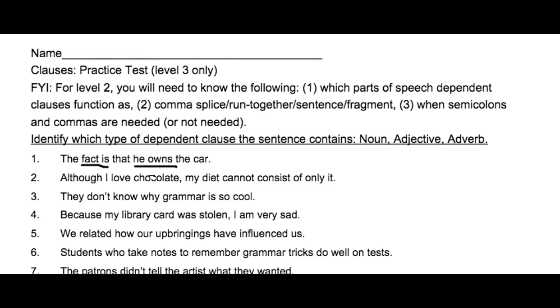Question words like how, what, when, or subordinating conjunctions like because, if, whenever. So when we look at the fact is and that he owns the car, that is a connector word. So we're going to take this as the dependent clause.